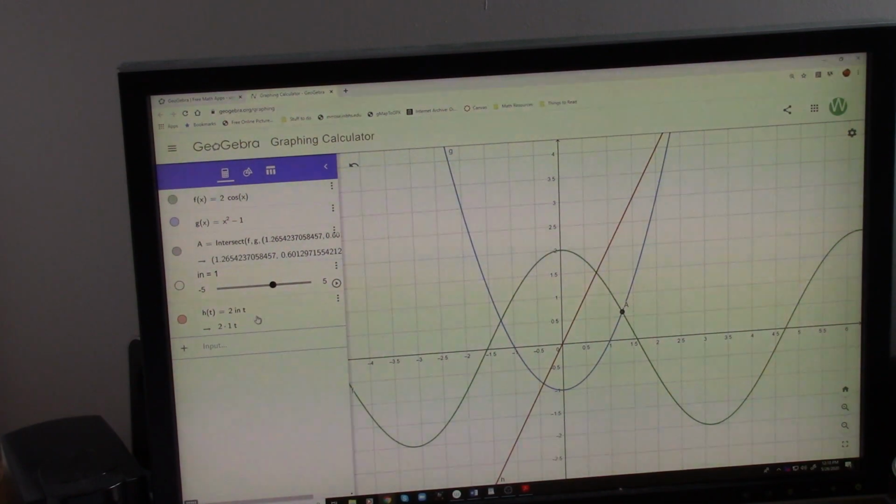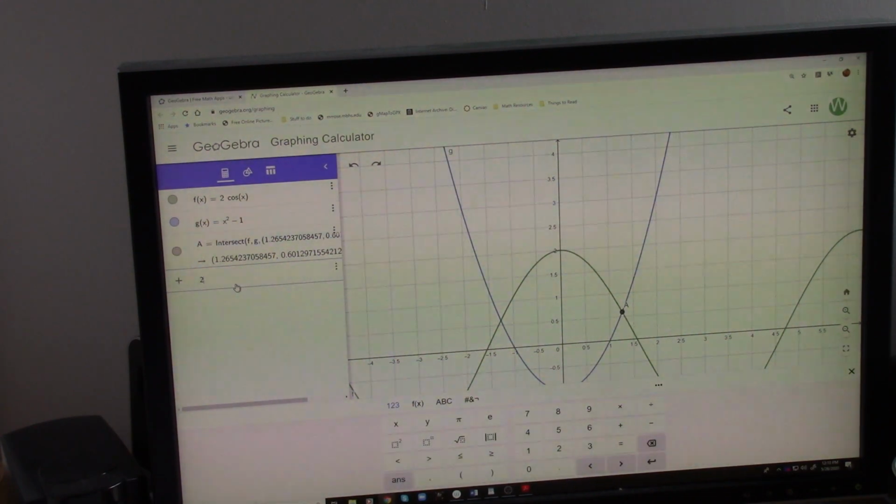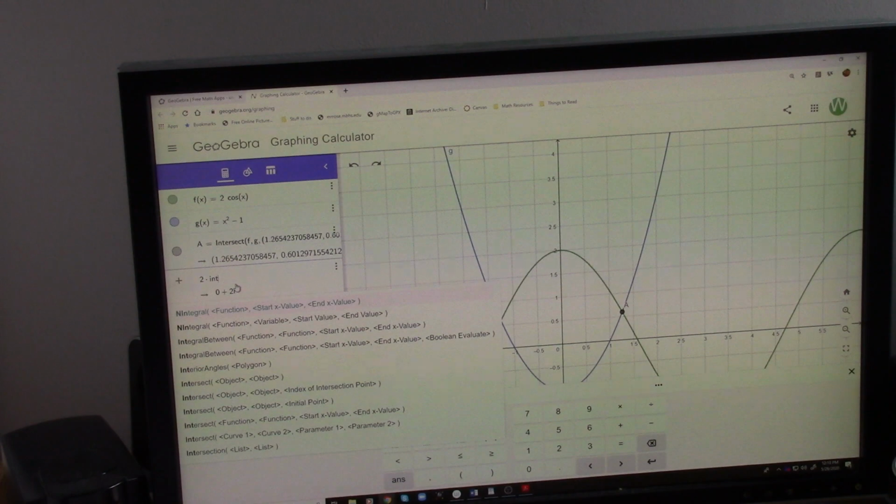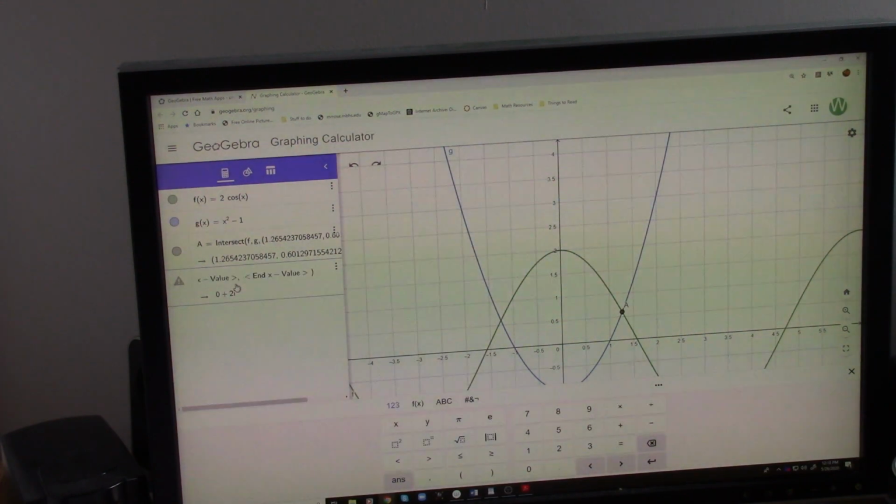Okay, that was a big nightmare. What the hell happened? Okay, 2 times the integral of f minus g. Yeah, you just hit the right cursor, I guess, not tab.